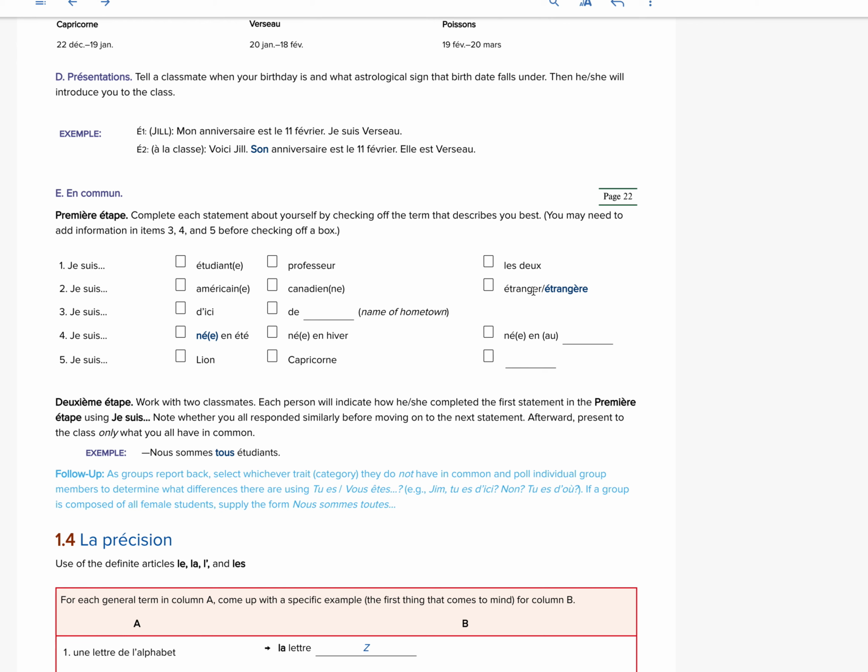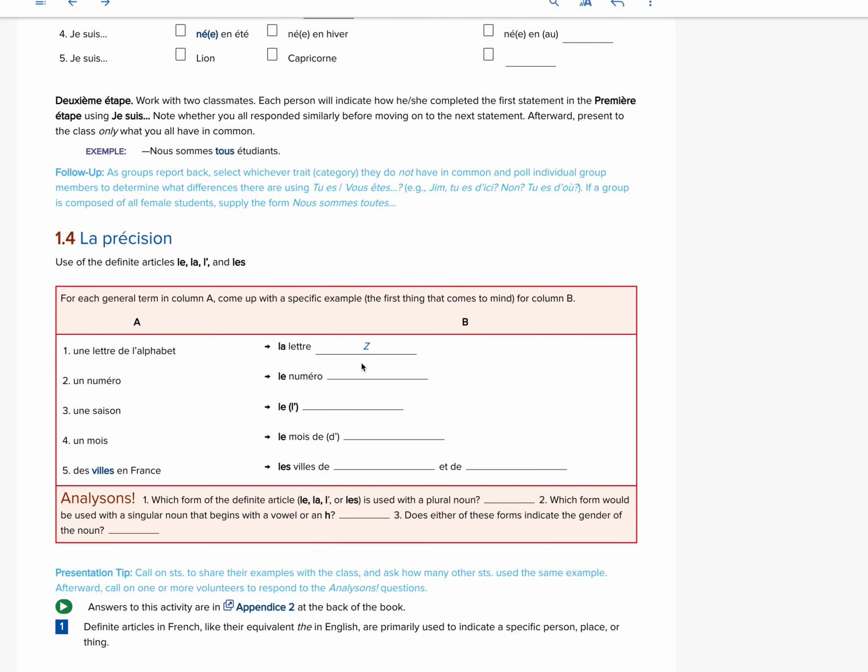Je suis étranger, meaning foreigner. I'm not from America, right? I'm not from Canada. I am from another part, right? Je suis d'ici. I'm from here. Je suis né en été. Je suis né en hiver. Right? Je suis lion. Je suis capricorne.